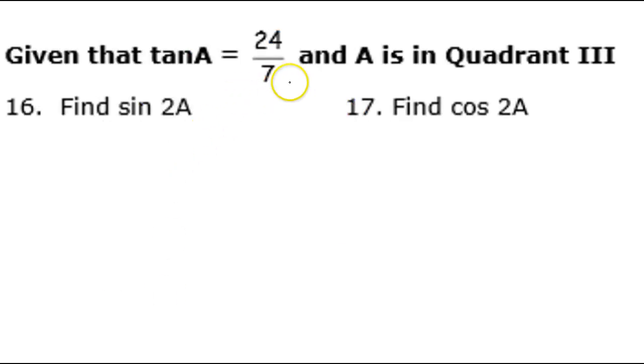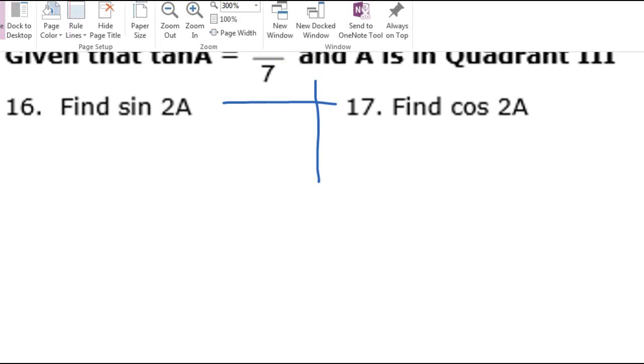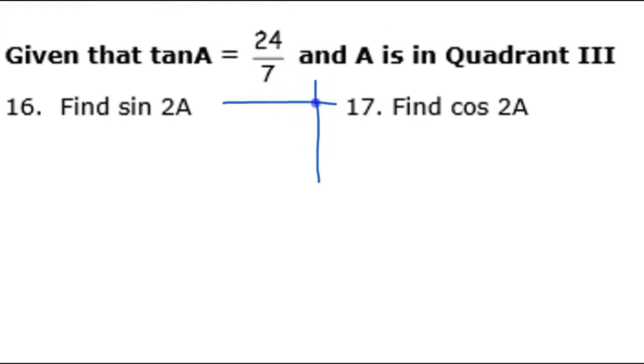So first of all, we're given that the quadrant is quadrant 3. So go ahead and draw yourself a sketch into the third quadrant. We know that tangent is y over x. So that makes me want to say that x is 7 and y is 24.